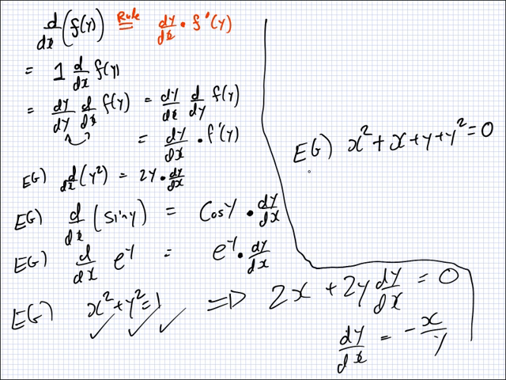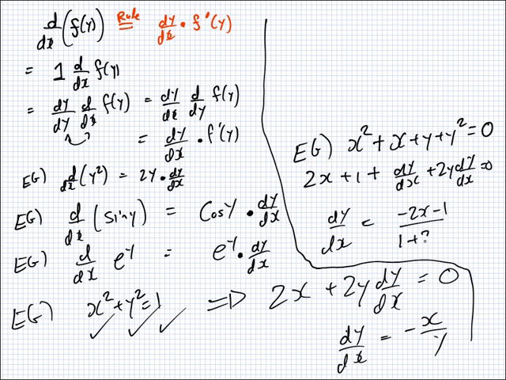So what does x squared become? 2x. And x? 1. And y? 1 dy/dx. And y squared? 2y dy/dx equals 0. So you can get dy/dx equals minus 2x minus 1 over 1 plus 2y.